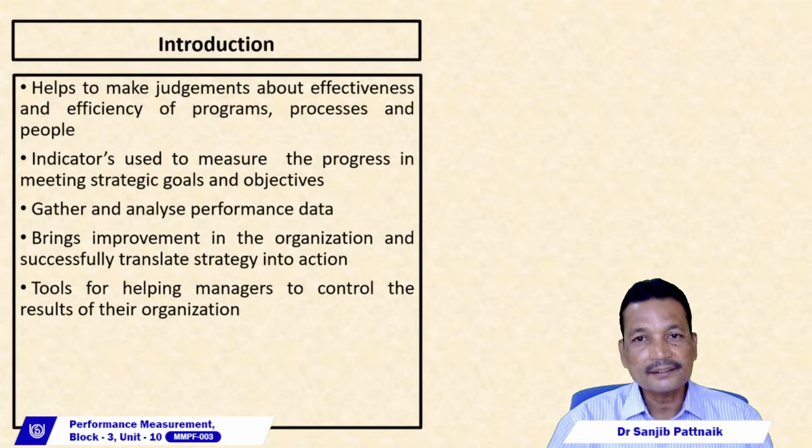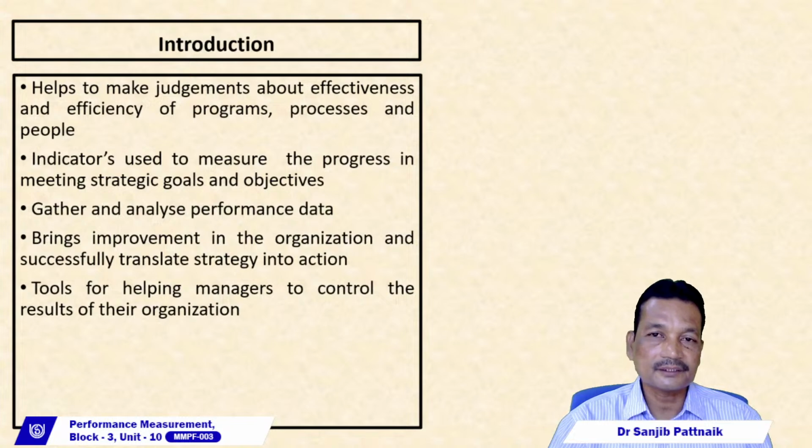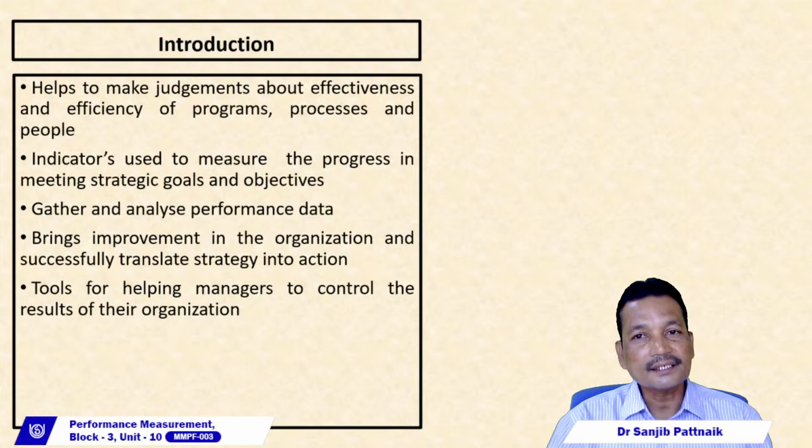So accordingly, the management, be it the top level, the executive or middle level, or the operational or lower level, will be taking necessary steps. Here indicators are used to measure the progress in meeting strategic goals and objectives.